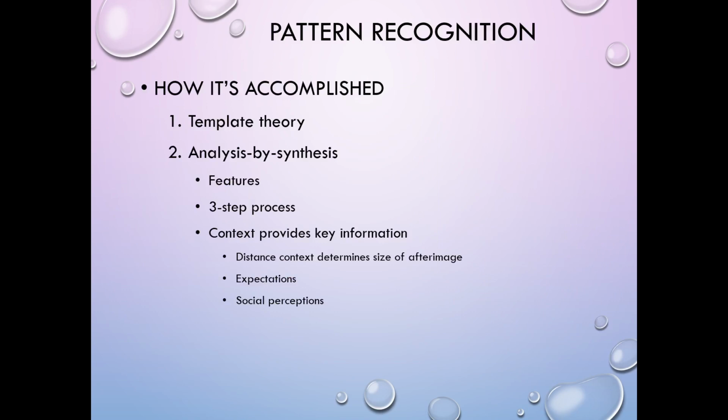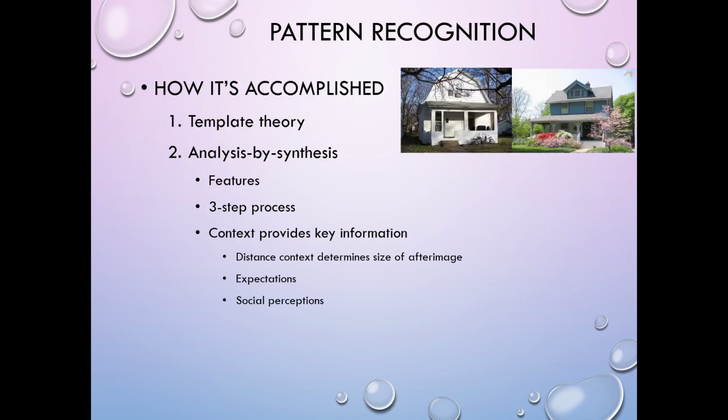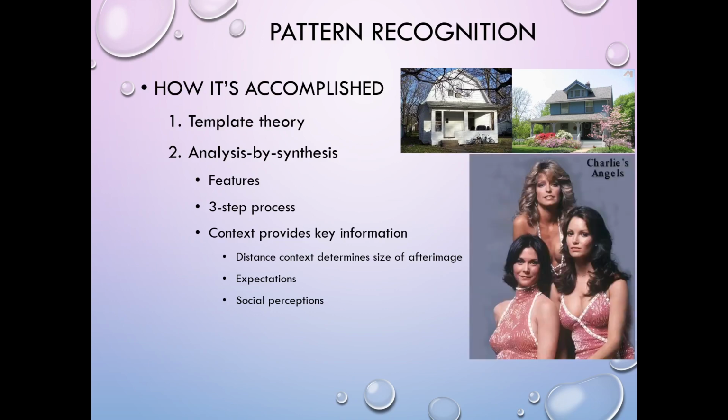So expectations play a huge role, and then social perceptions play a huge role as a context cue. What is deemed a house that you would want may be affected by what you've been exposed to, right? What has been judged as attractive or valuable can help you to make determinations. When I was a kid, I was raised watching Charlie's Angels.